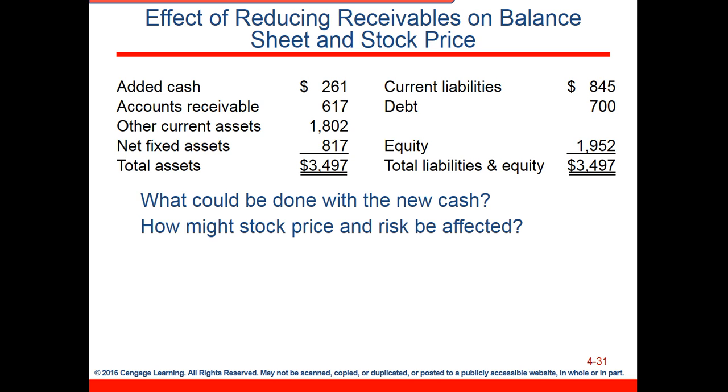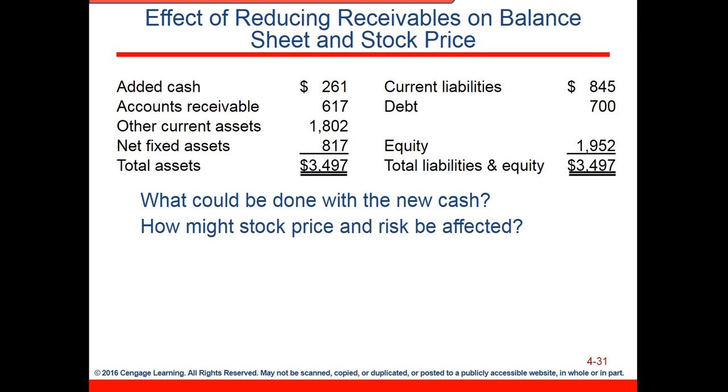And what we are going to see is we are decreasing accounts receivable on the balance sheet. That will definitely improve the ratios related to assets, total assets, for example, the asset turnover ratio. And with the cash at hand, you can do different things.